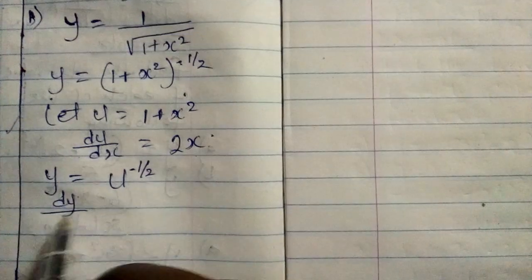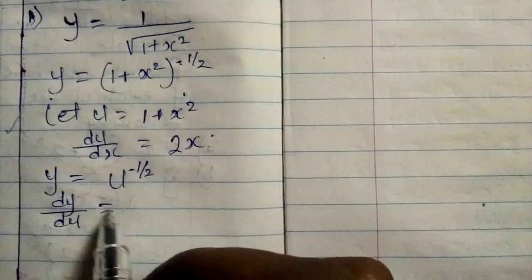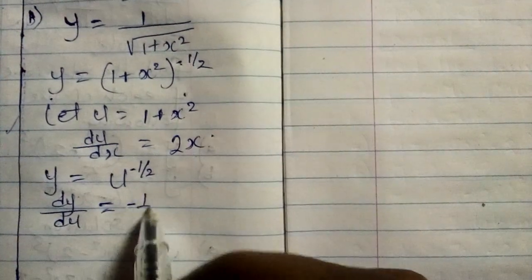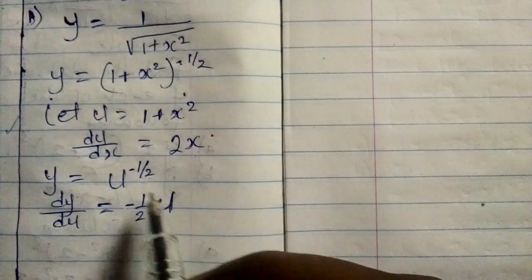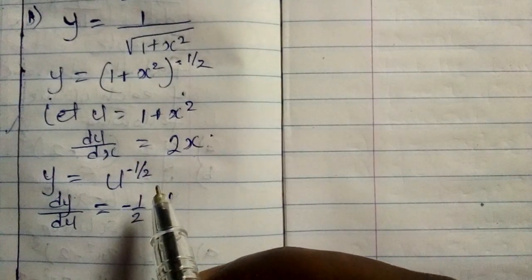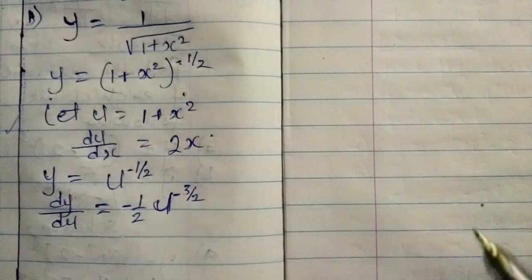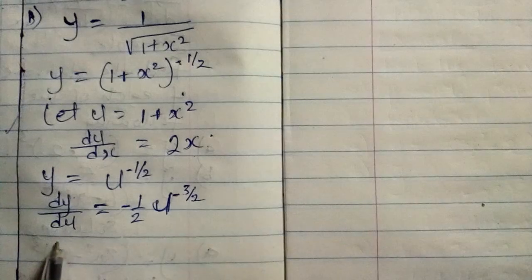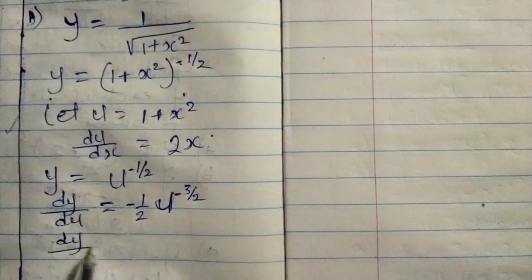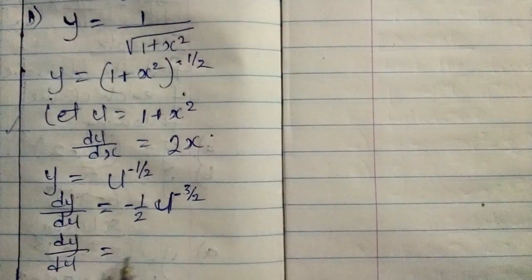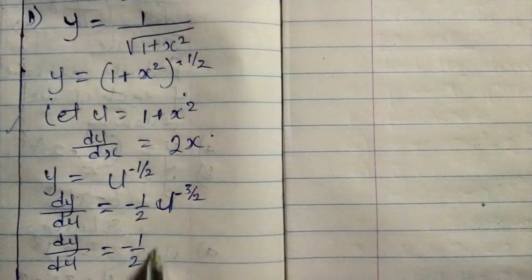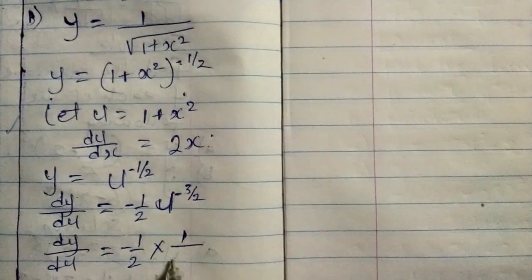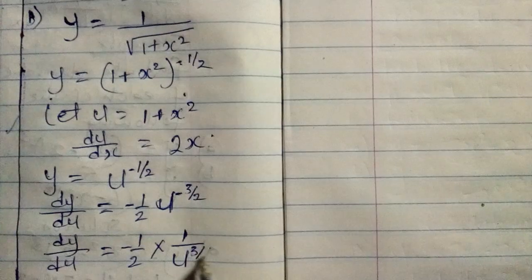Then dy over du is going to give me minus 1 over 2 u raised to power minus 1 over 2 minus 1, which will give me minus 3 over 2. So in this case, dy over du is going to be minus half times 1 over u raised to power 3 over 2.